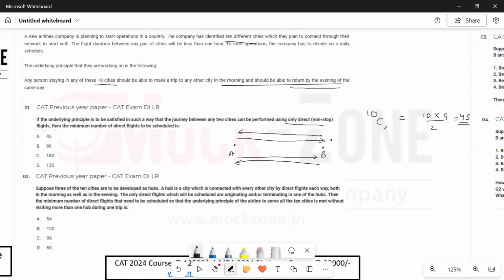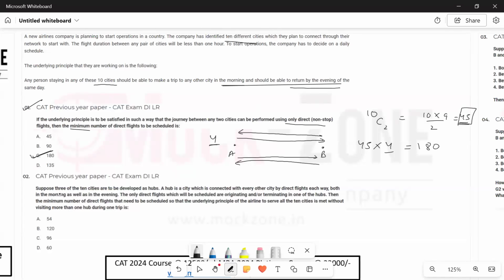So between any two cities, there should be 4 flights in a day, at least. So the minimum number of direct flights would be: ways to connect two cities, 45, into number of flights between each pair, which is 4. इसका आंसर क्या आ जाएगा? 180. So our answer will be C, 180, for the first question.